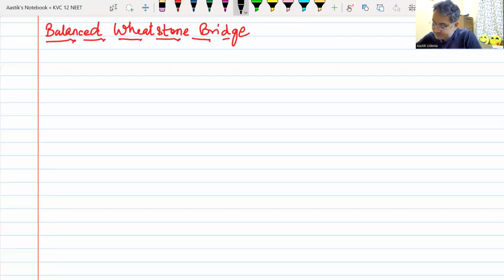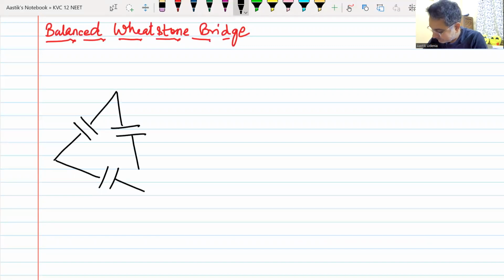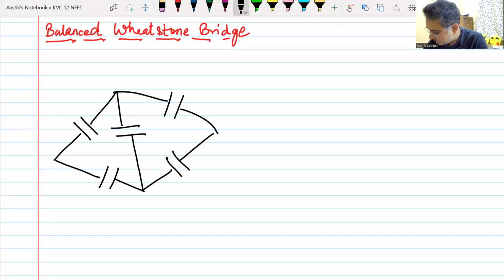Now, if you have 5 capacitors connected like this, let me name them.